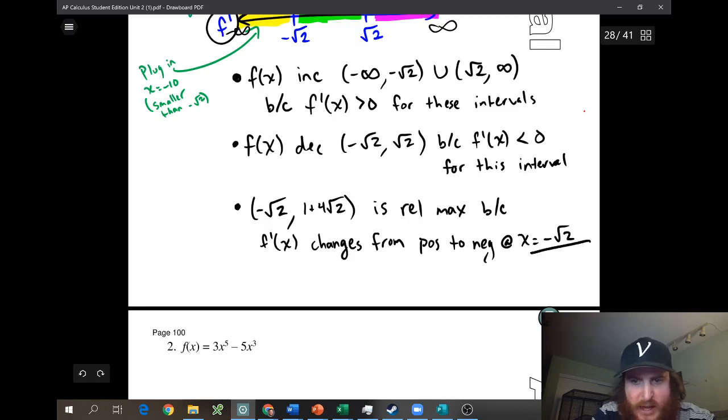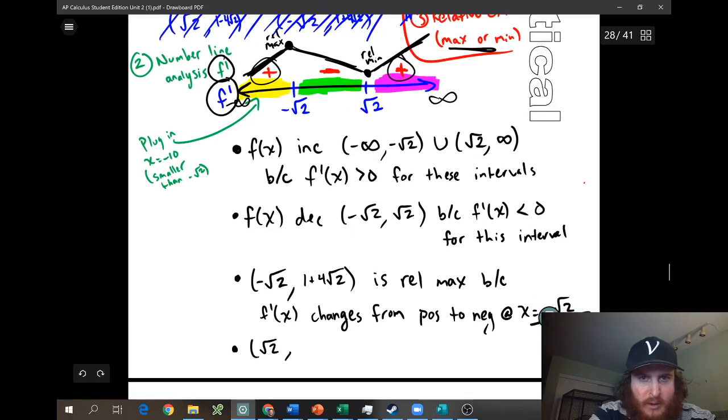So it's always at that point, right? For these, it's always at a point. So it's at that x value. Then the other one, square root of 2 is our minimum. Right on the graph, that's the bottom point. And when we plug this in, we get 1 minus 4 square root of 2. So that's our relative minimum.